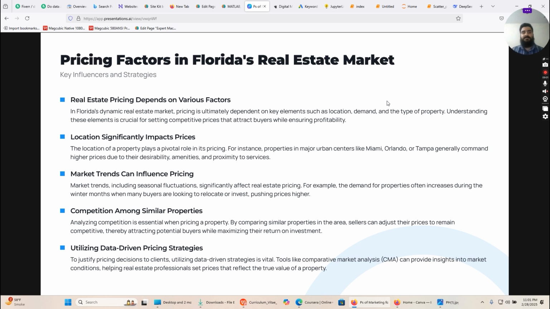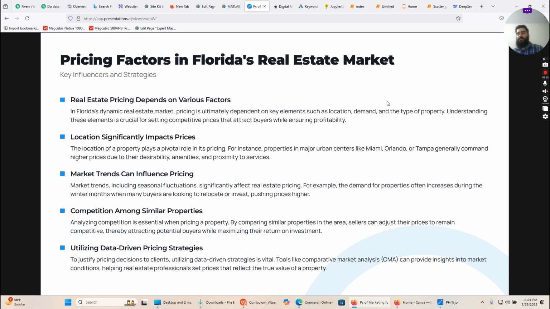First of all, real estate pricing depends on various factors. Yes, definitely. In Florida's dynamic real estate market, pricing is ultimately dependent on key elements such as location, demand, and type of property. Understanding these elements is crucial for setting a competitive price that attracts buyers while ensuring profitability.